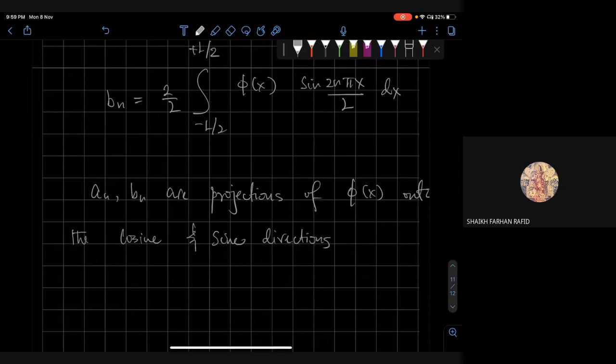The Fourier series is compared with a circle. Could you please explain that visually, I guess?